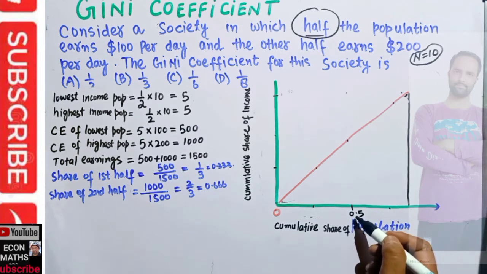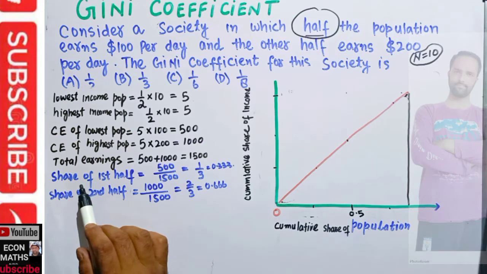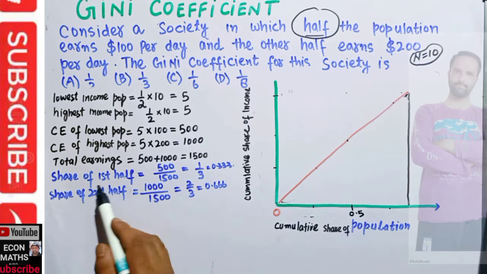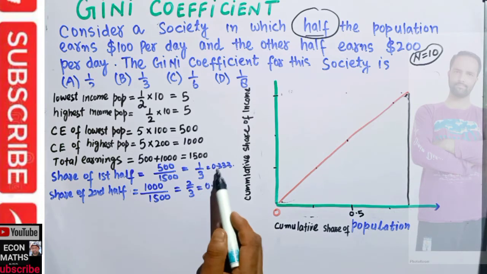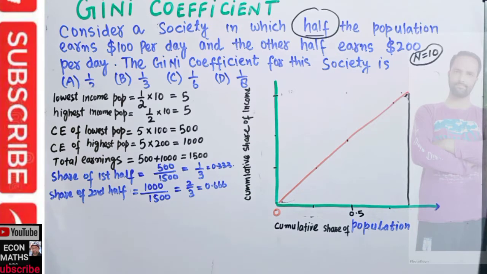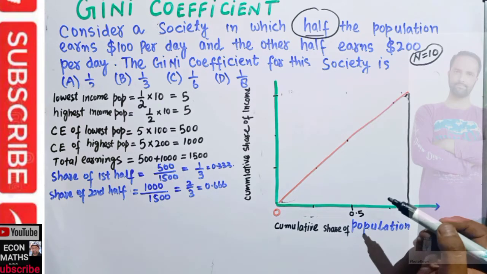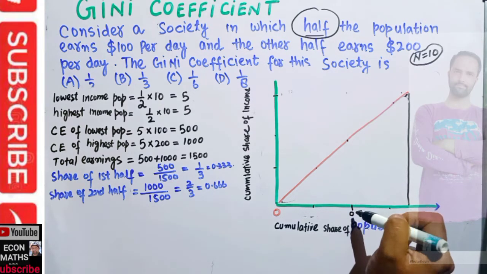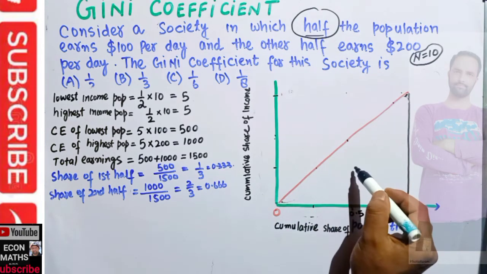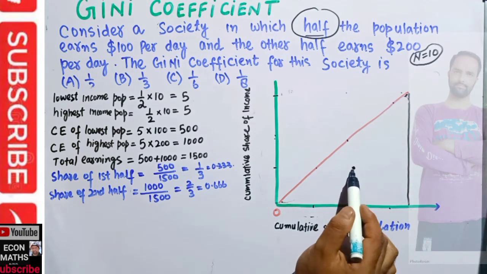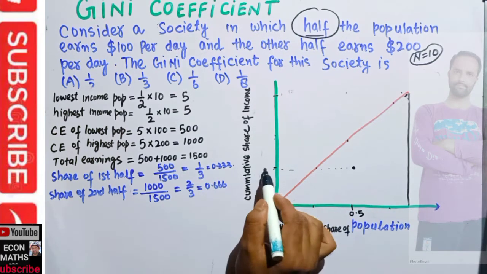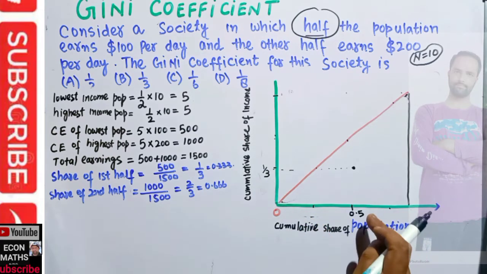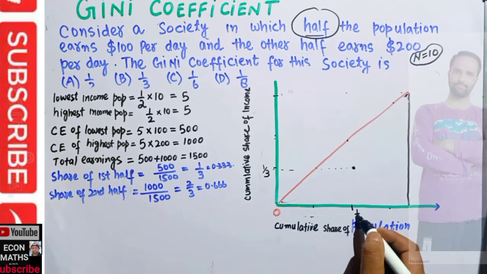So 50% of the population owns 33.33% of total wealth in this economy. If it is 50 here, it will be somewhere here. This point will be 33.33, or let me write it as 1 upon 3 here. And here I will write 1/2 for the sake of simplicity.